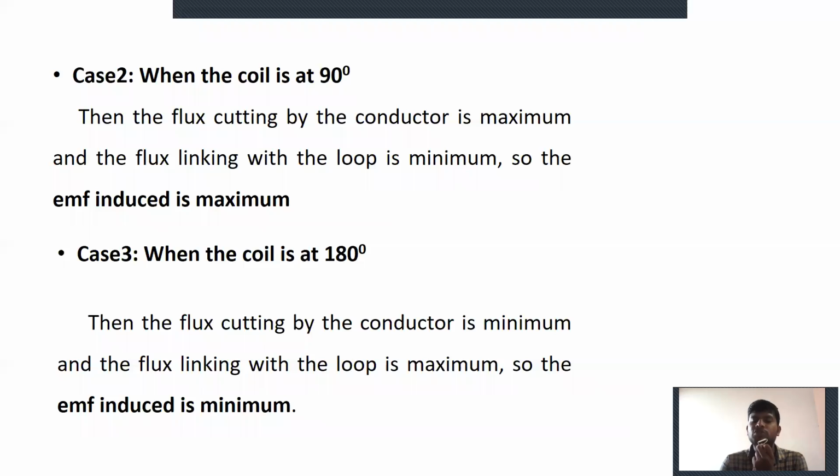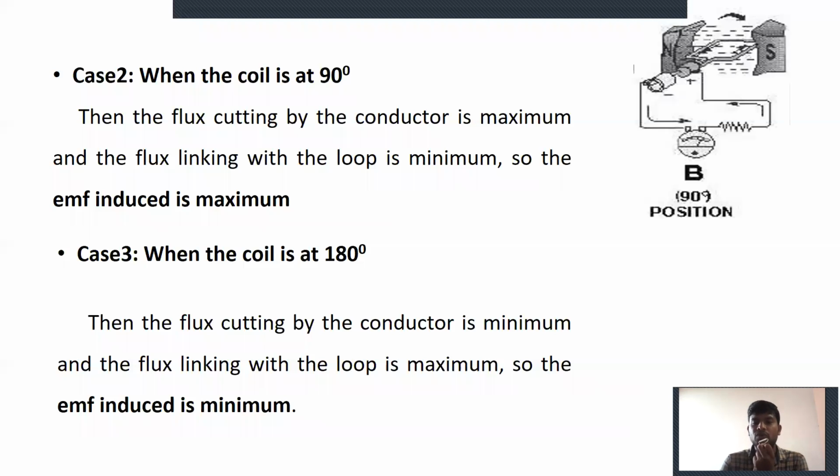Coming to the change of direction, from 0 to 90 degrees, it is a clockwise rotation. The coil rotates from 0 degrees to 90 degrees. During this process, the rotating conductor cuts the magnetic flux as it changes position.